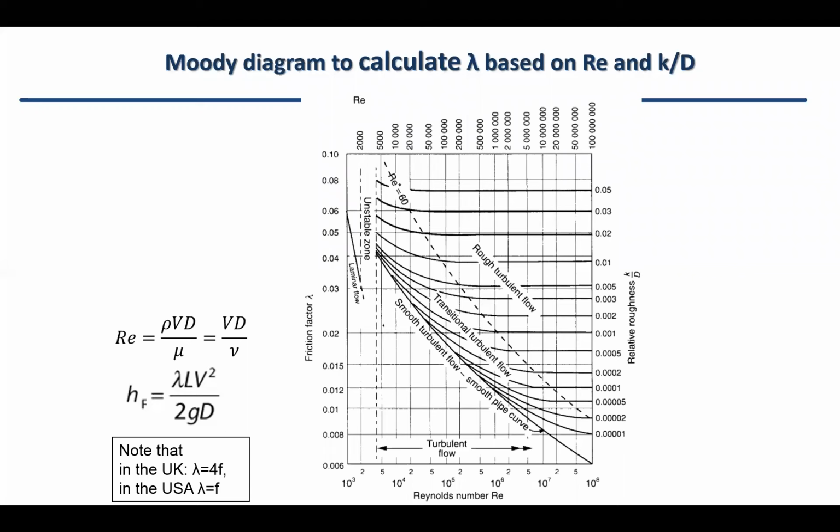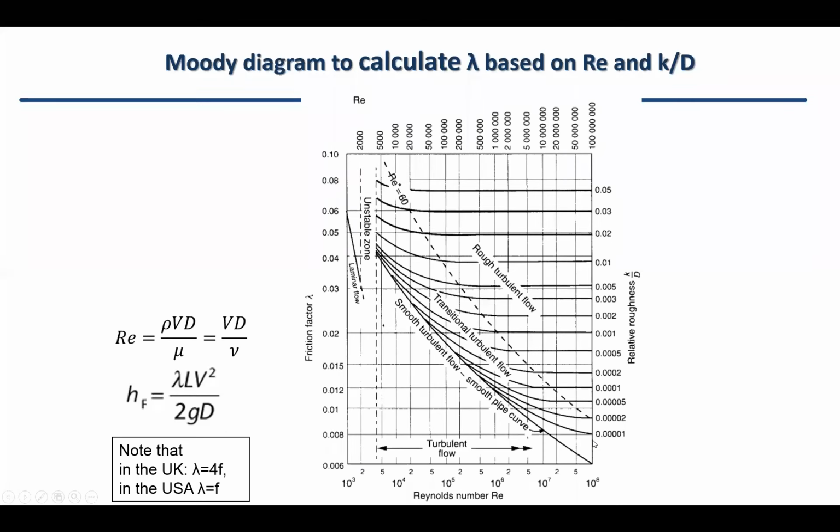For example, let's look at the diagram, all the sections. The horizontal axis is the Reynolds number, changing from 1,000 to 100 million. The vertical axis on the left is the friction factor or pipe roughness coefficient, lambda, which is going to be calculated as a result of this graph.